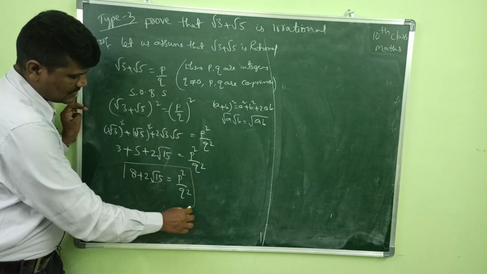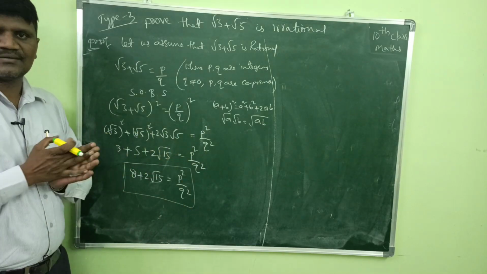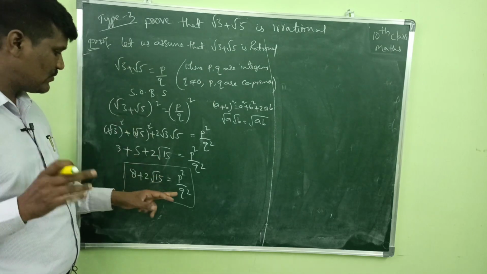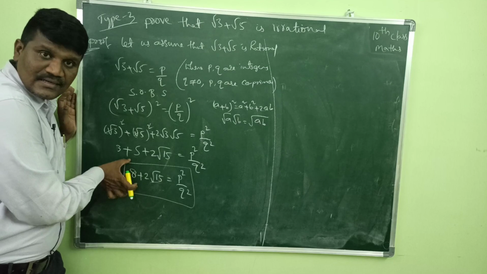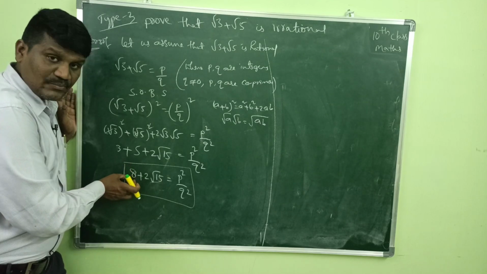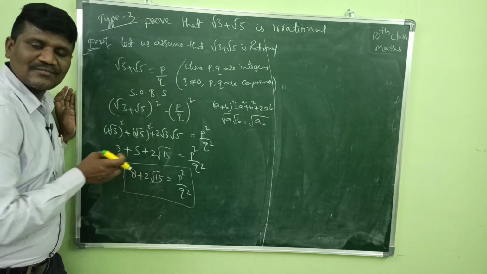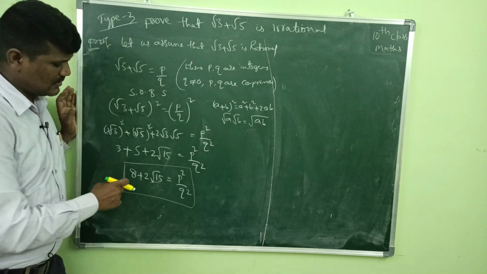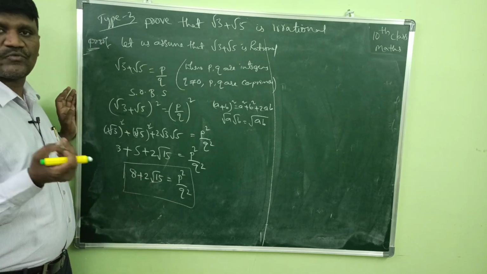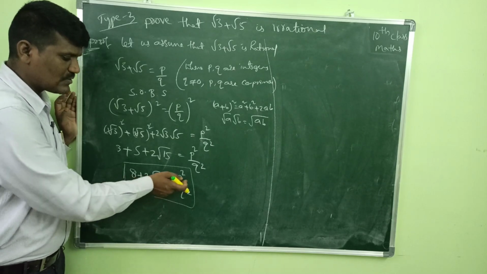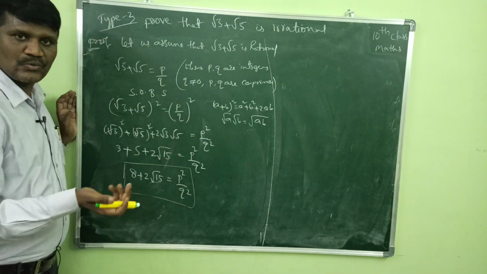Just observe this. This is the same as type 2. The only difference is that the right hand side has squares, otherwise the left hand side is the same. The previous problem was 3 plus 2 root 5. Only the numbers are different, but it is in the same form as type 2. So 8 plus 2 root 15 is equal to p square by q square. How to proceed now?